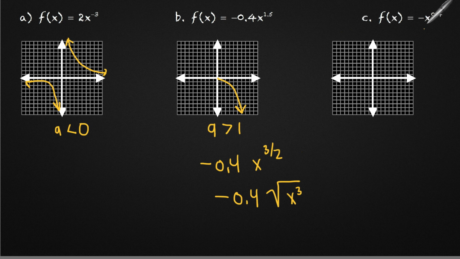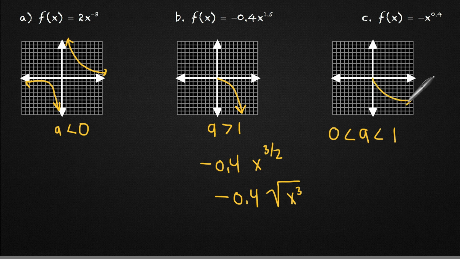All right, let's take a look at this third example here. We have a negative coefficient, so that means we're going to be in the fourth quadrant again. We have a, which is our exponent, and that is between 0 and 1. So that's going to resemble your square root curve. So we are going to be in the fourth quadrant square root curve.